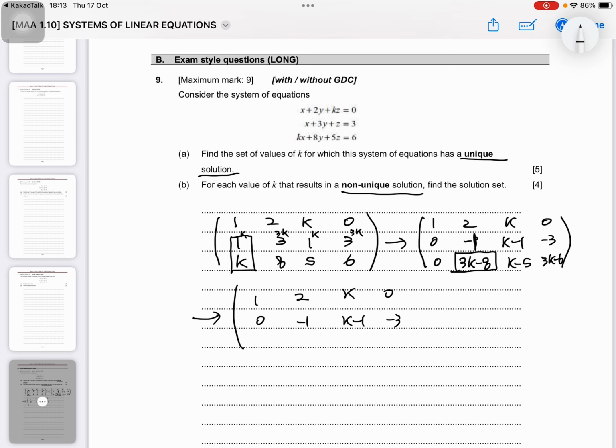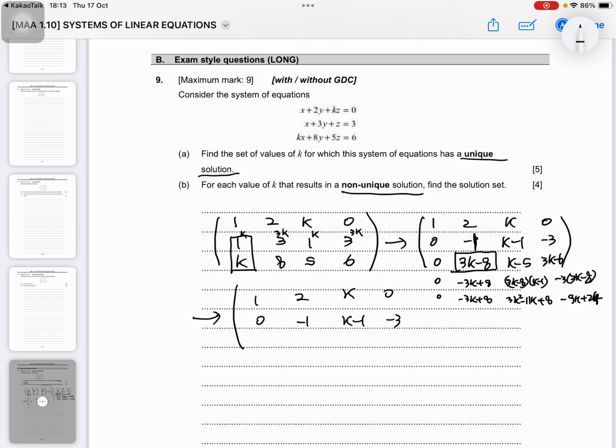So there, I will multiply the second row by 3k minus 8. So 0, negative 3k plus 8, 3k minus 8 times k minus 1, negative 3 and 3k minus 8. Let me simplify a little bit further: negative 3k plus 8, 3k squared minus 11k plus 8, negative 9k plus 24.